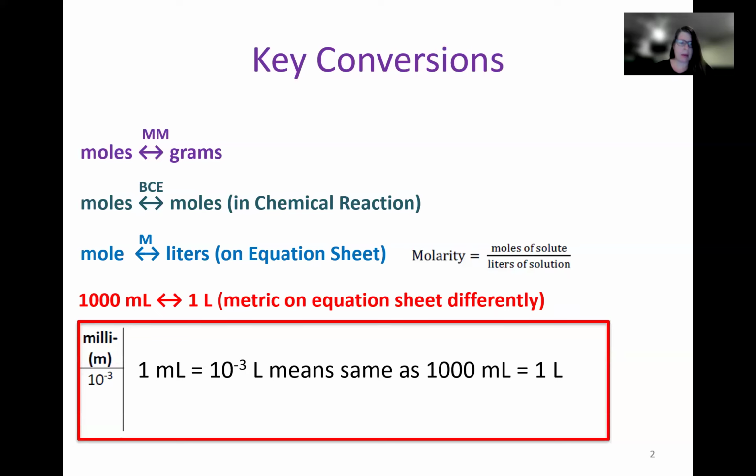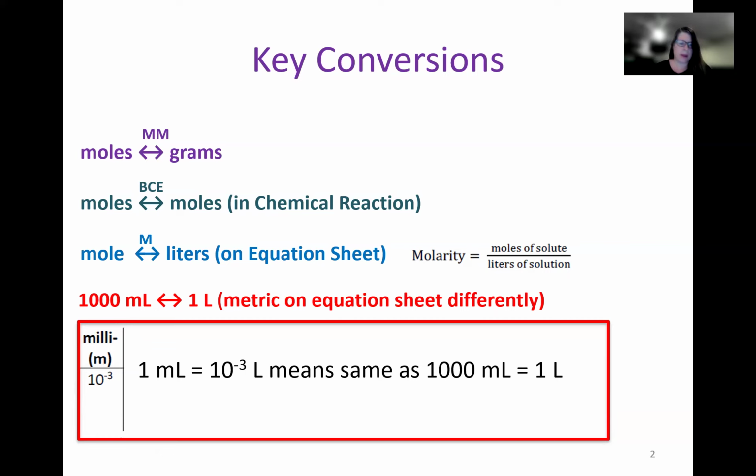And then because volumes typically measured are in milliliters and molarity is per liter, we'll do a lot of conversions between milliliters and liters. And this is just a metric conversion. Now, it looks differently on your equation sheet. It just gives you the prefix milli is 10 to the minus 3, which means multiply the base unit by 10 to the minus 3.